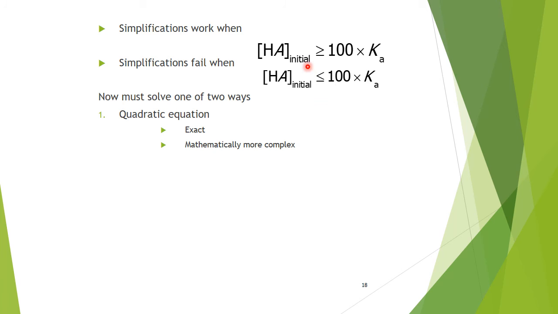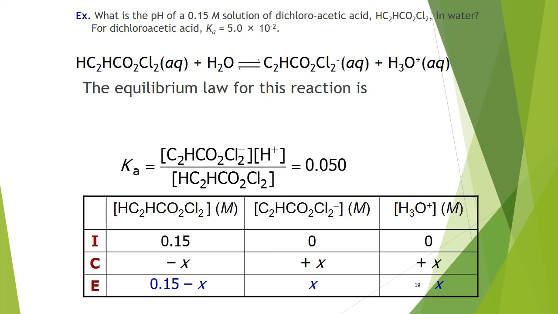Again, what we said is that if the acid concentration is greater than 100 times the Ka, then you're okay. But if it's not, then we have to go into more depth, and it's not that hard. It used to be hard because we didn't have calculators, but now we have a quadratic solver and we can figure things out. So let's go through a problem here.